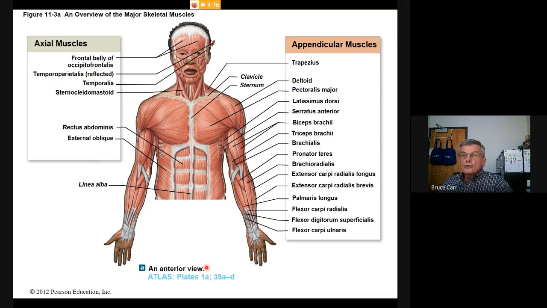So here's the first of 4 figures that illustrate the positions and the interplay of the superficial muscles. If you take off the skin and the outer membrane, the cutaneous membrane, these are the muscles that are exposed. Things you notice right away is there's a lot of red, those are the bodies of the muscles, but also a lot of white.